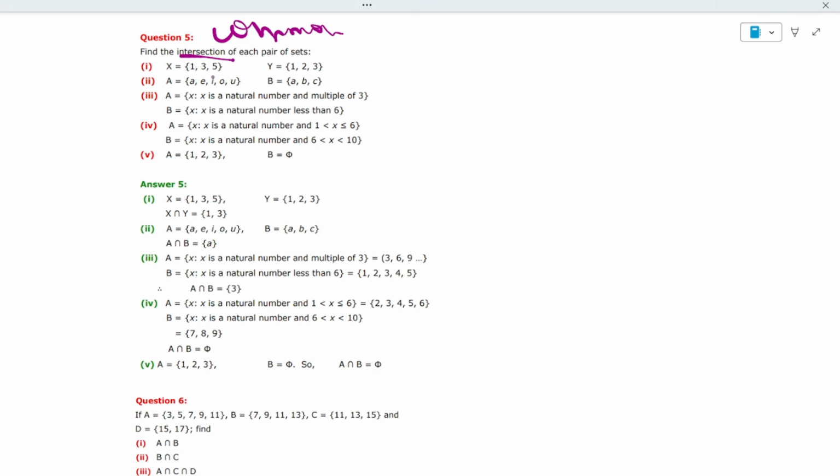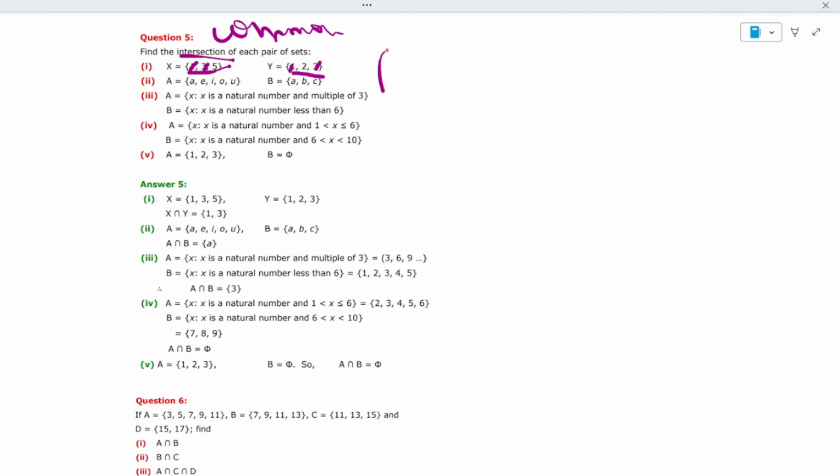They have given the sets as {1, 3, 5} and {1, 2, 3}. Now we have to find which elements are in both. See, 1 is here, yes, 1 is here. Next 3 is here and 3 is here also. And 5 is not here and 2 is not here. So only 1 and 3 will come for the intersection.